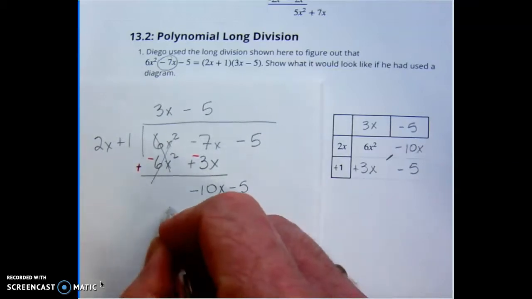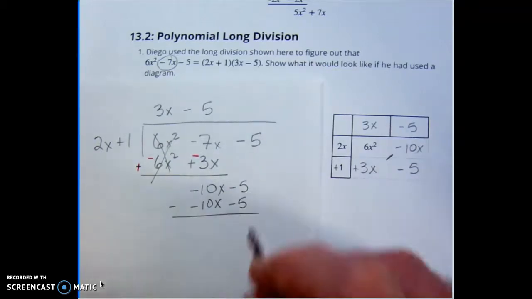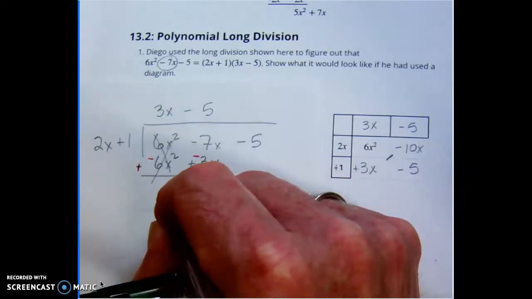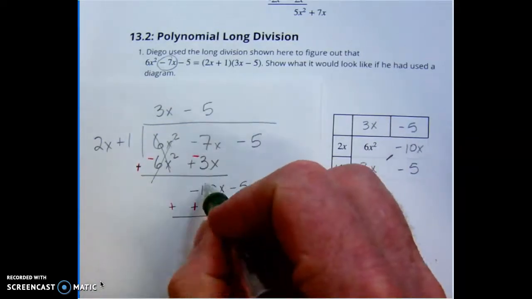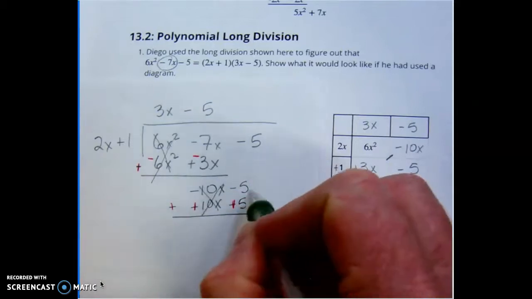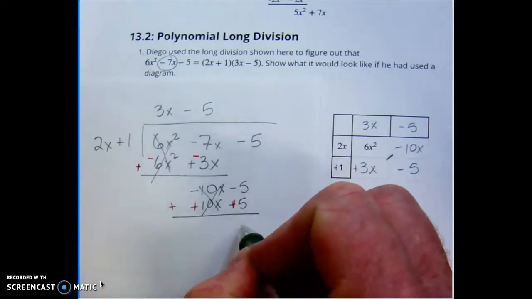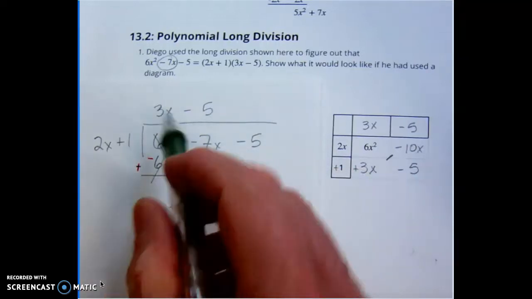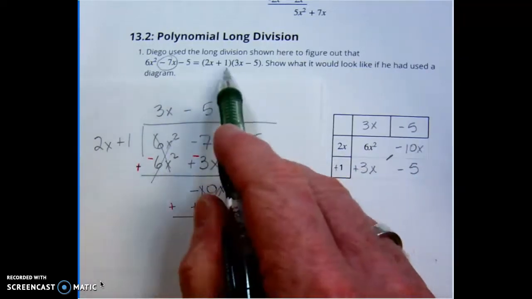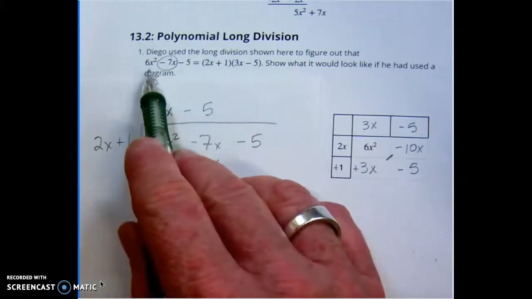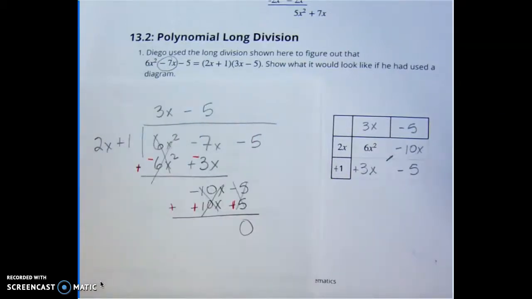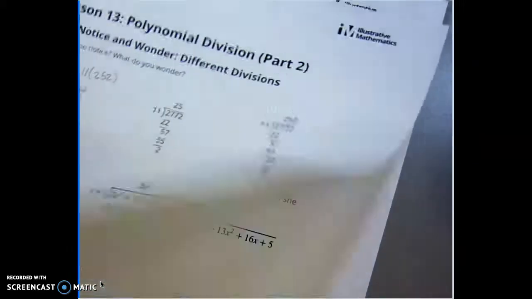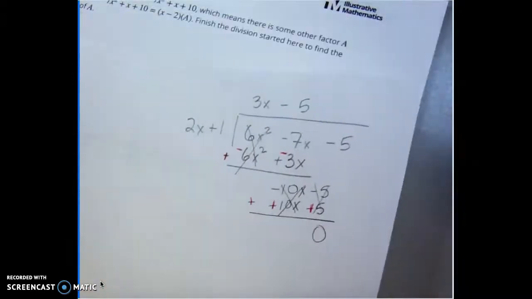Now it's time to subtract, which really means I'm going to change both of these signs and add it up. So negative 10 and positive 10 adds up to 0. Negative 5 and positive 5 adds up to 0. So I got two factors. This would be the factors of 6x squared minus 7x minus 5. So we can expand that to bigger ones here.